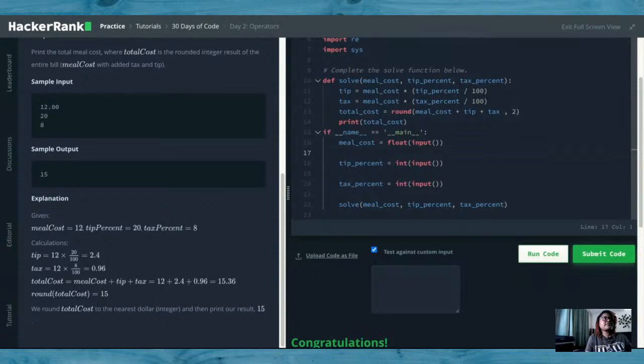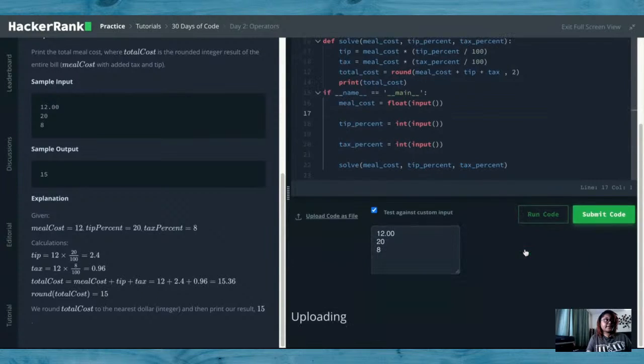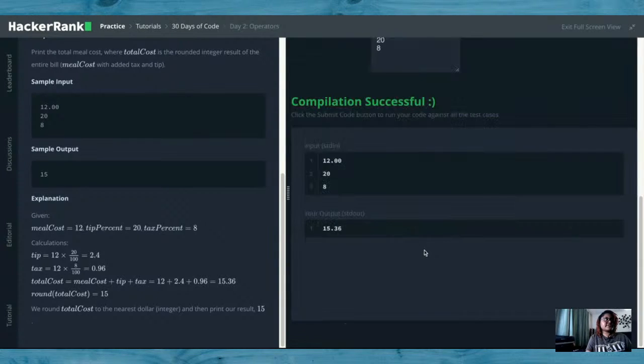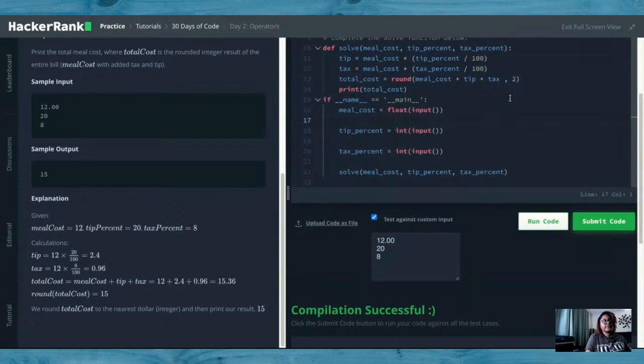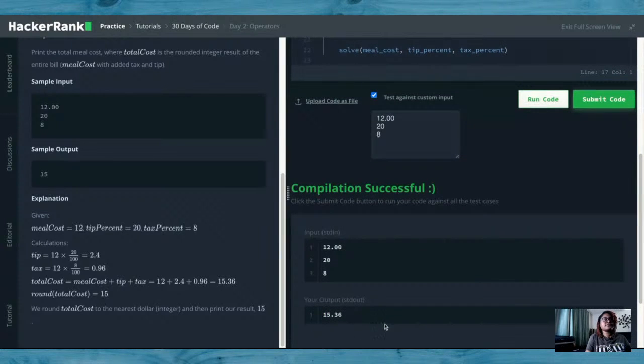I'm going to round it to the nearest 2 decimal points instead, and then let's just put in the same numbers that they had and see if that makes a difference. Okay, so like I was saying before, by including the 2 decimal points, this will give you an actual dollar amount. So it'll give you the $15.36.